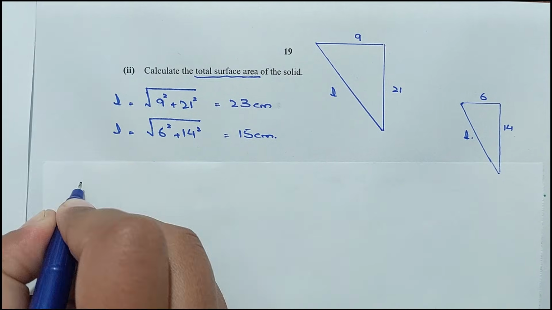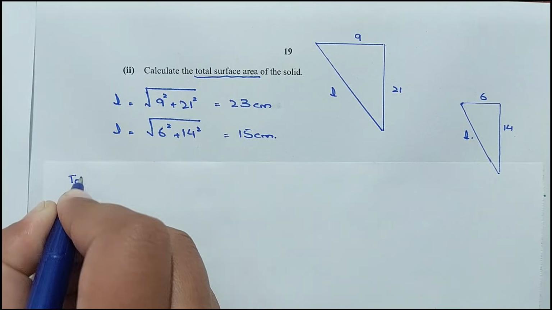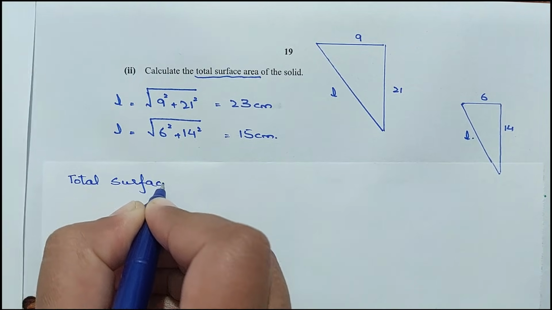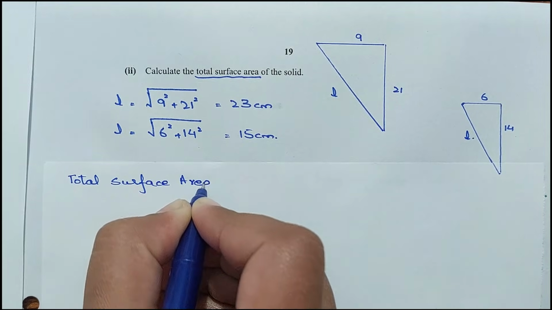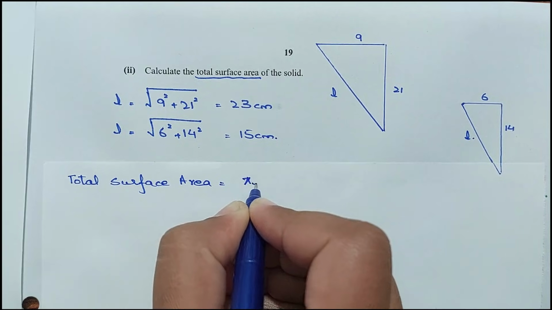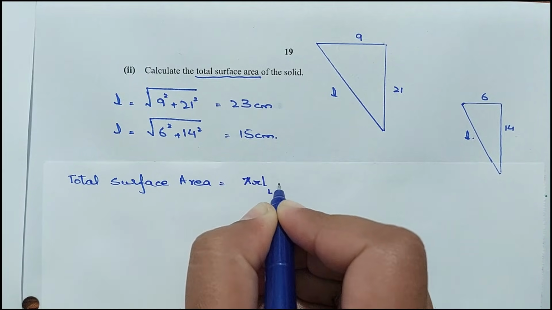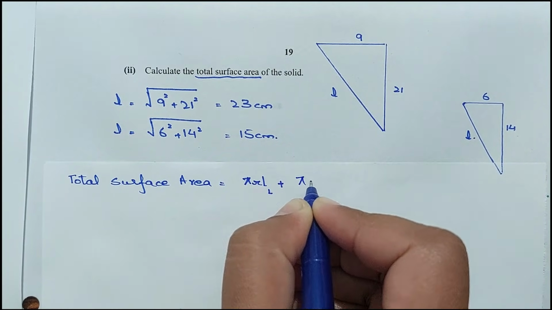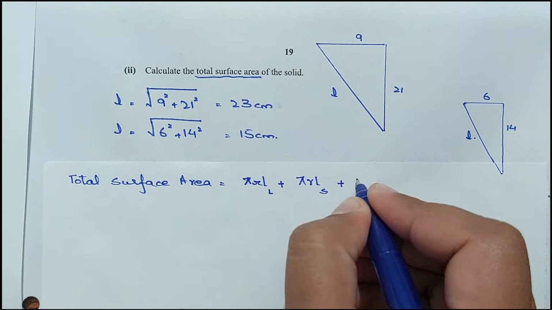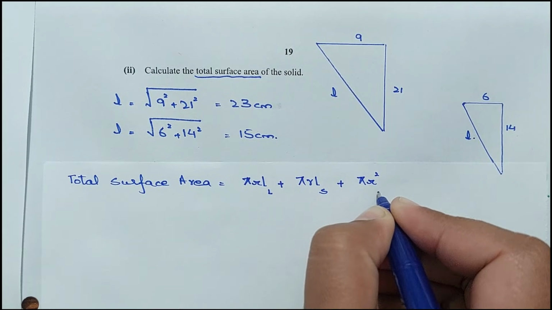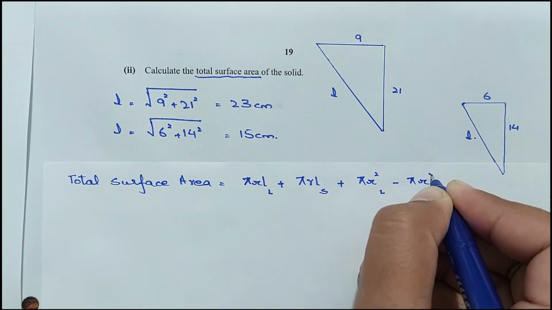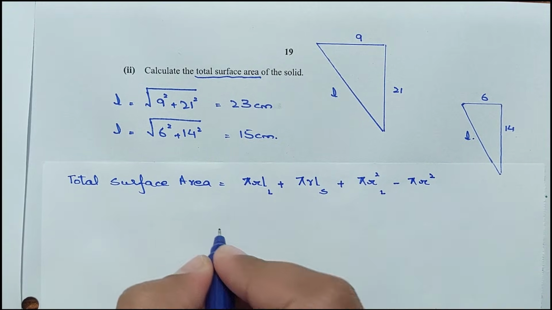So we can say the total surface area is the curved surface area of the larger cone, which is pi RL, plus the curved surface area of the smaller cone, plus the base area, which is the area of the larger circle minus the area of the smaller circle, because the smaller circle is not included.